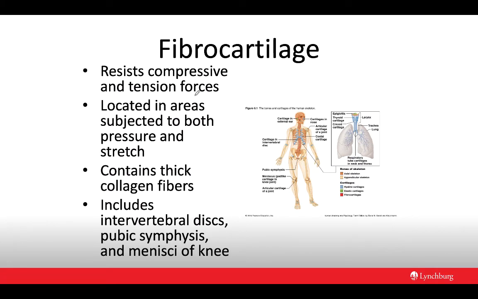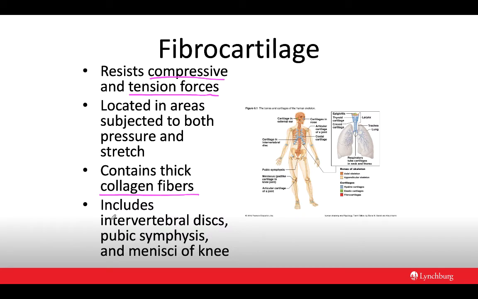Fibrocartilage is our third type of cartilage. Fibrocartilage is really important. It's able to resist compressive and tensile forces, and so it's located in areas that tend to undergo both pressure and stretch. As a result, it contains really thick collagen fibers, so it's able to resist those forces.